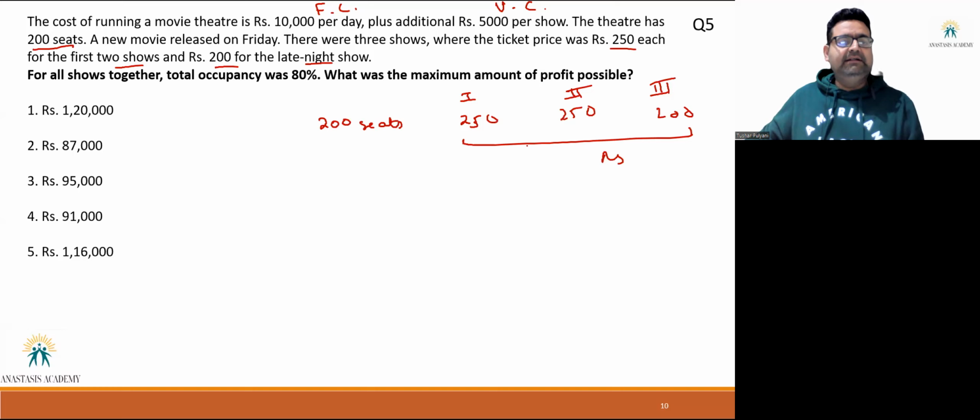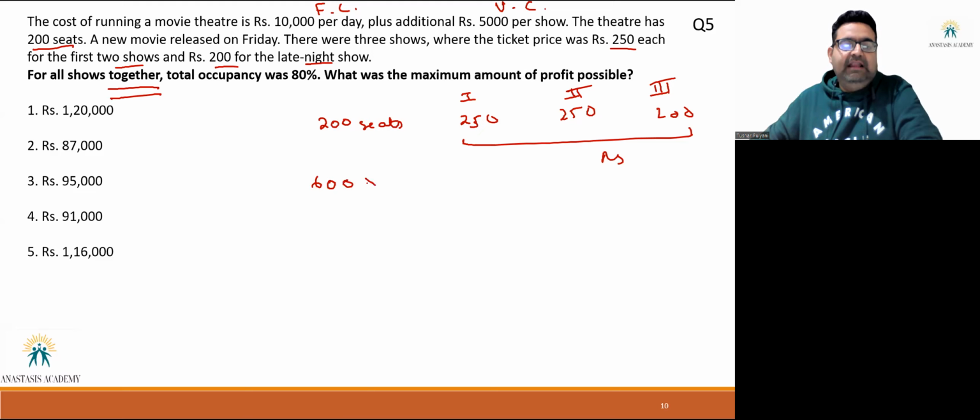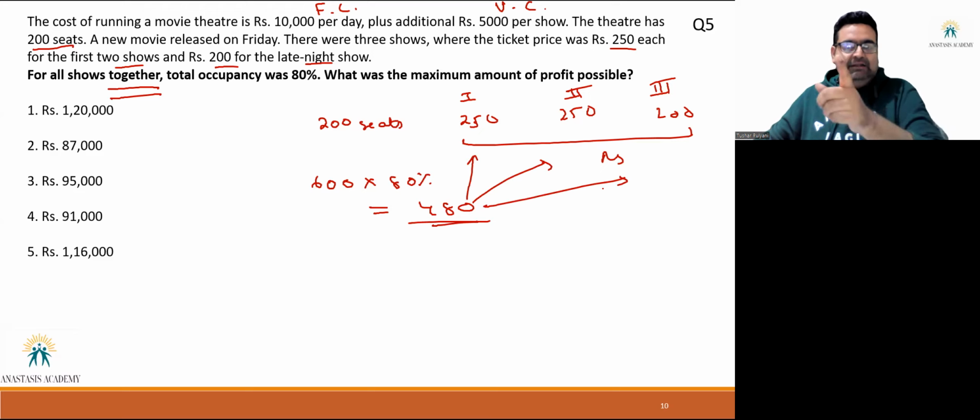Now it says that for all shows together, so this together was the keyword, that total occupancy is 80%, not for every show. So if my total seats are 200, 200, 200, so combined of all 3 shows, 600 seats are there. Out of this, 80% were occupied. This gives us 480. So this 480 seats I have to split between the 3 shows. But the question says, what is the maximum amount of profit?